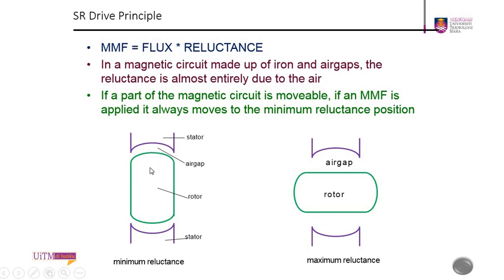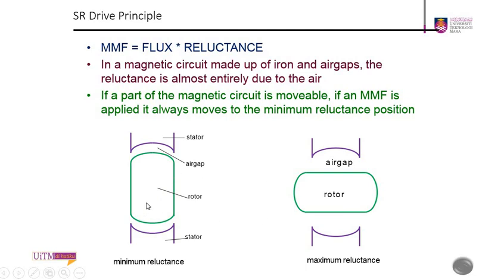The reluctance is almost entirely due to the air gap. If a part of the magnetic circuit is movable and an MMF is applied to it, it always moves to the minimum reluctance position.